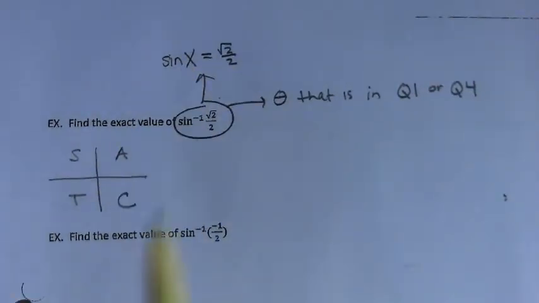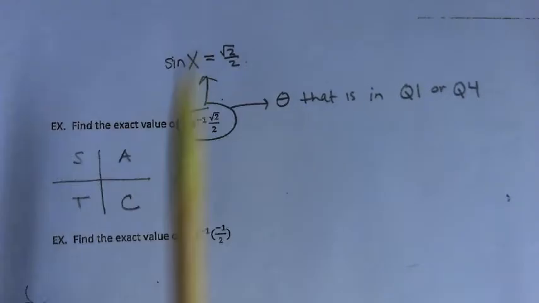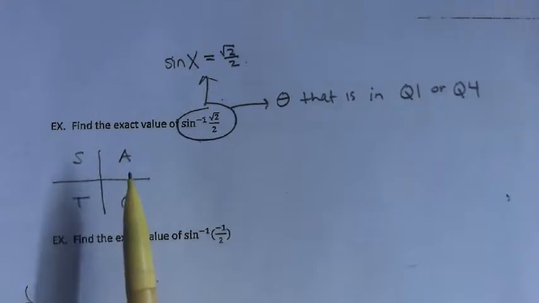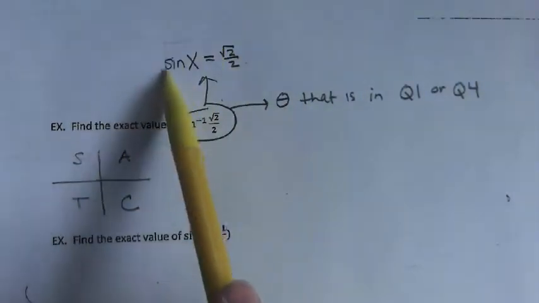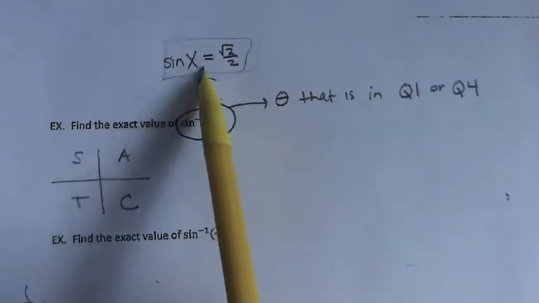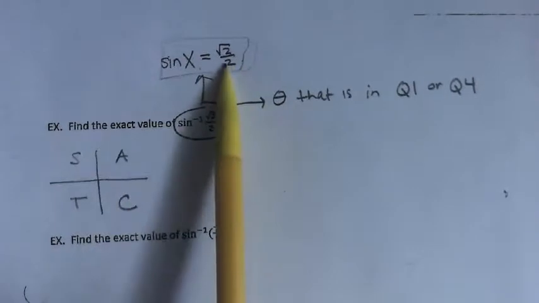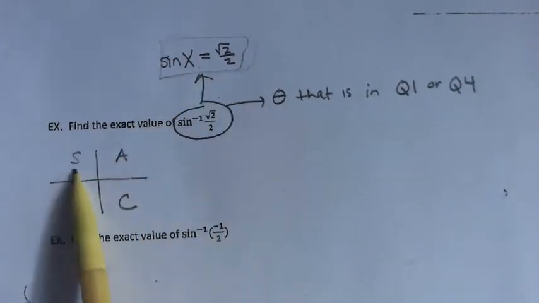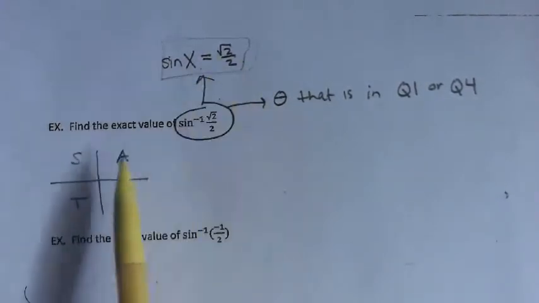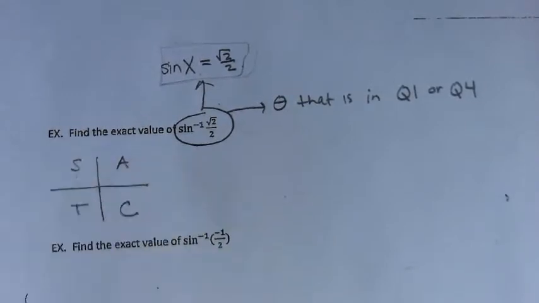Now, technically, we have answers because sine is a positive root 2 over 2. If the question was posed in this way, if it originated in this way, we would have a gazillion answers. We'd have an angle in quadrant 1 that has a positive sine value. We'd have an angle in quadrant 2 that has a positive sine value, and your terminal ray could keep going around and round and round an infinite number of times.